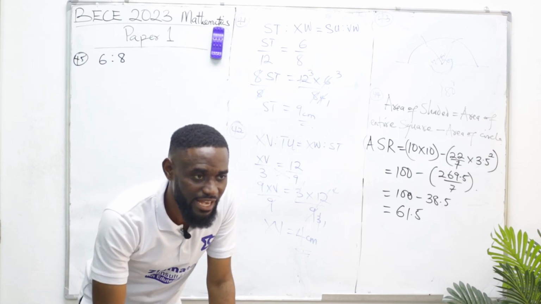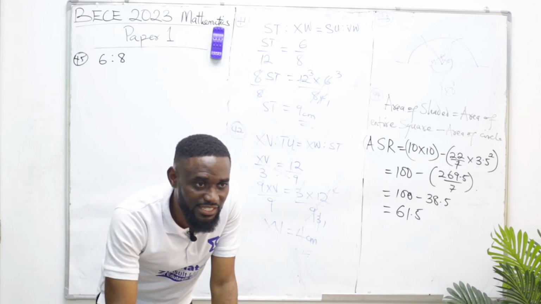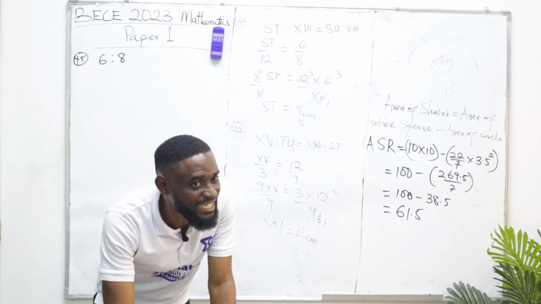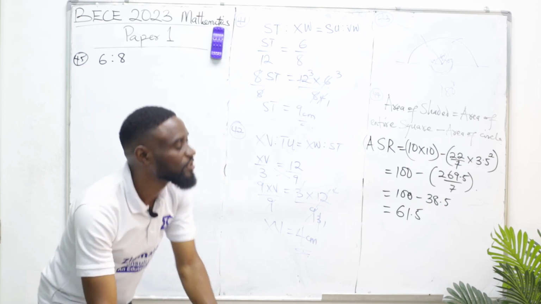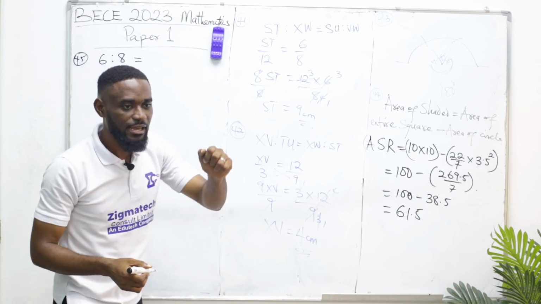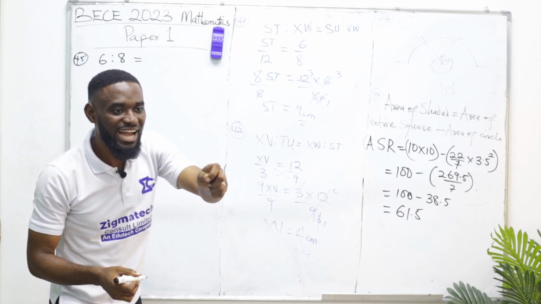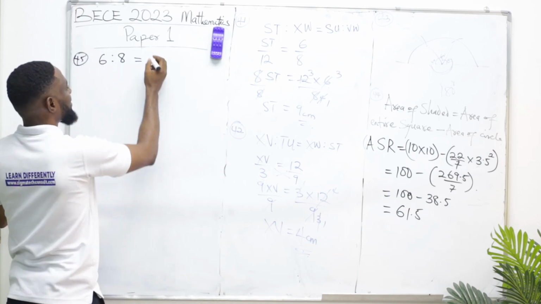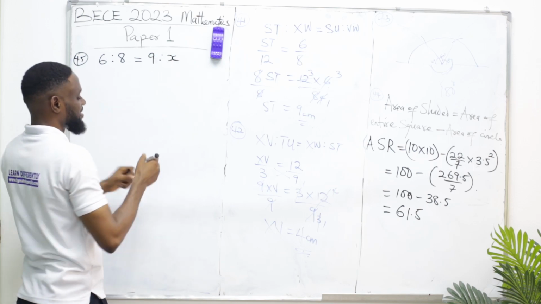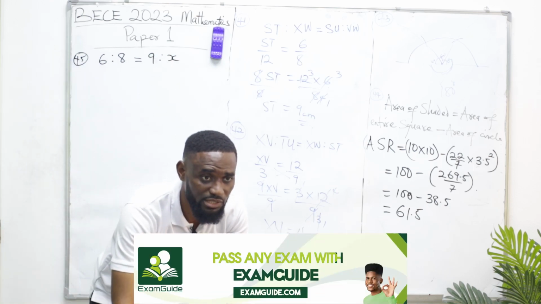They say find the diameter of the bigger tin. So the bigger tin, its height is 9, is to x. Let's say it is x. Do you get the point now?